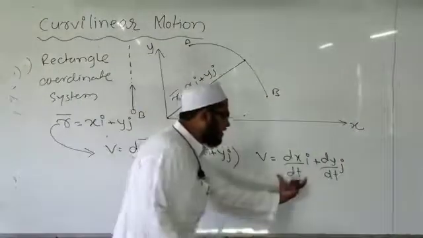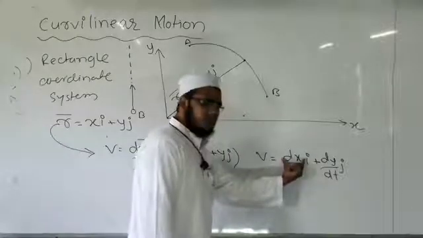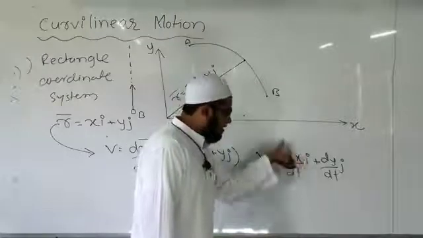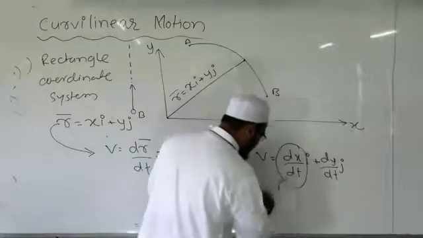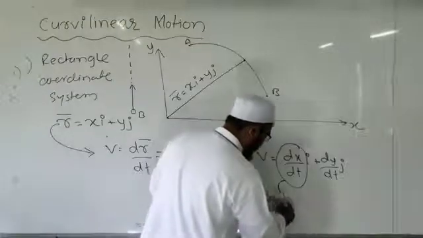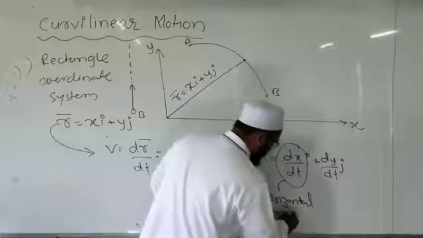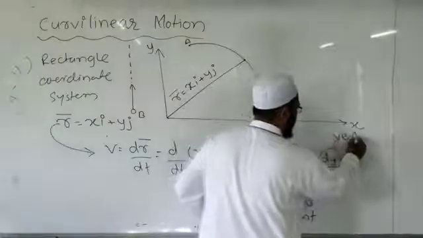What is this dx by dt? dx is horizontal displacement. This dx by dt is the horizontal component of the velocity, and dy by dt is the vertical component of the velocity.